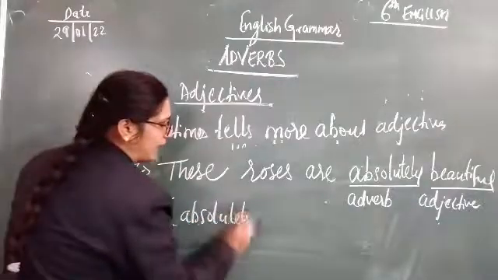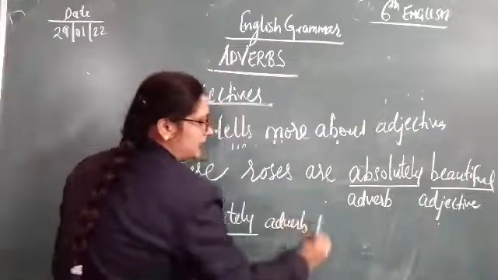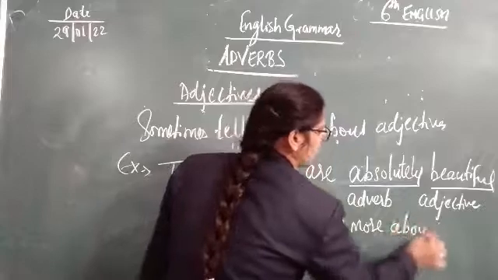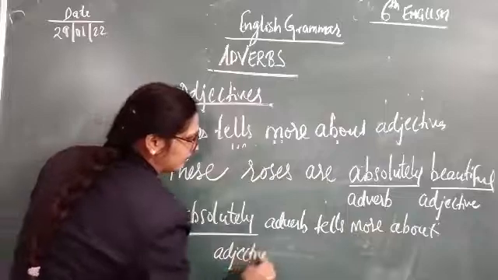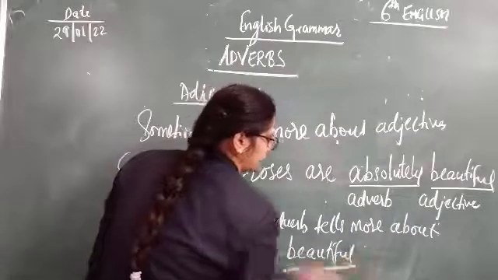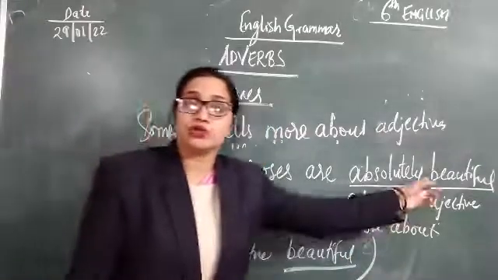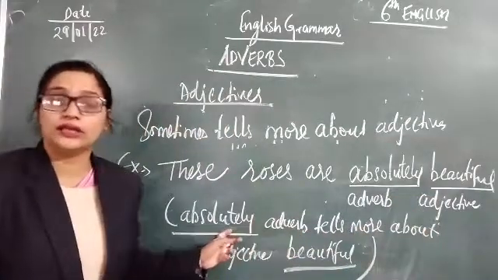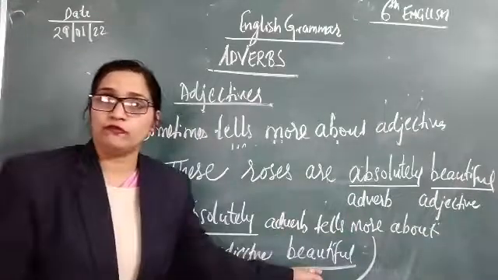Absolutely is an adverb and it tells more about the adjective. What adjective is given here? The adjective that is beautiful. So in this sentence, absolutely is an adverb and beautiful is an adjective. This adverb absolutely tells more about the adjective beautiful.